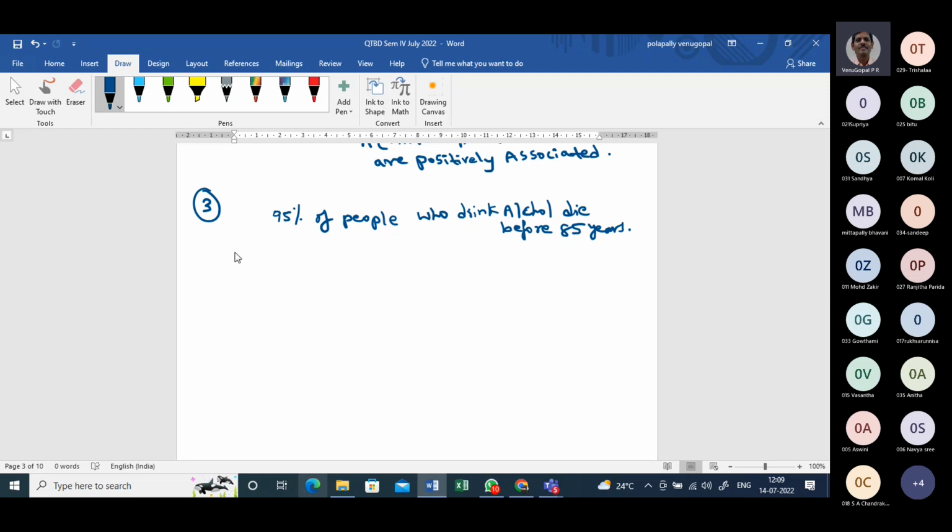Now the question is, therefore, drinking alcohol is bad for longevity of life? Comments.